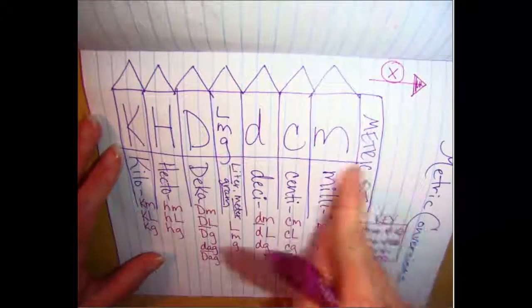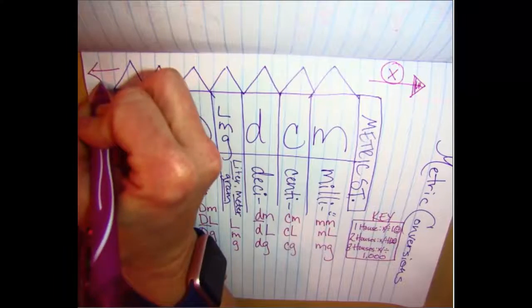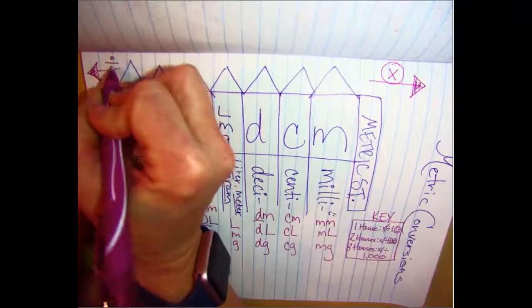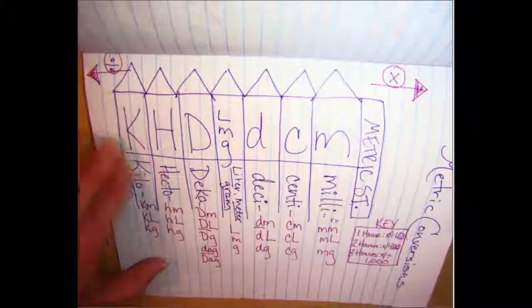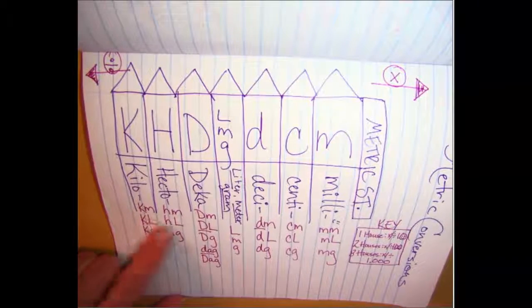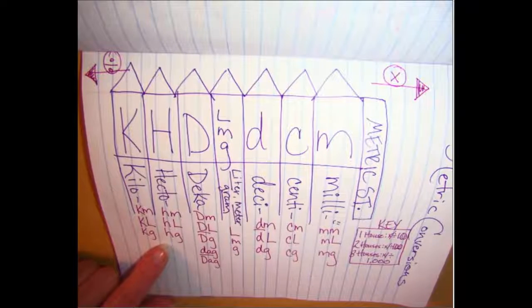If we go from milli to kilo, we're going small to big. So we divide the big. Good. So the direction you're going is going to determine whether or not you're dividing or multiplying. Okay? These abbreviations you have to figure out. Otherwise, you're not going to know which house to start at.